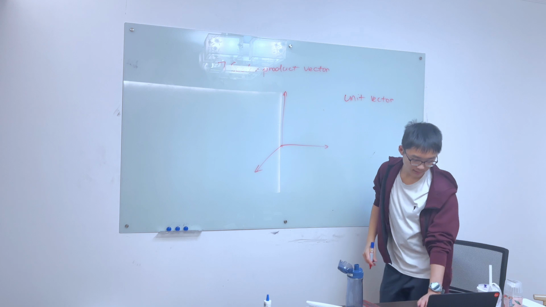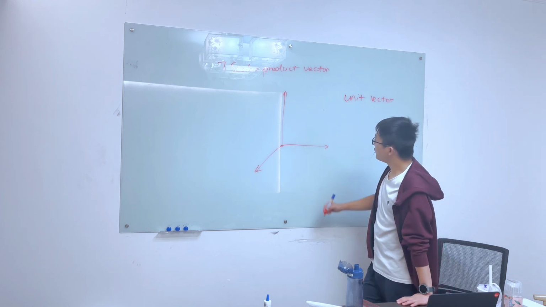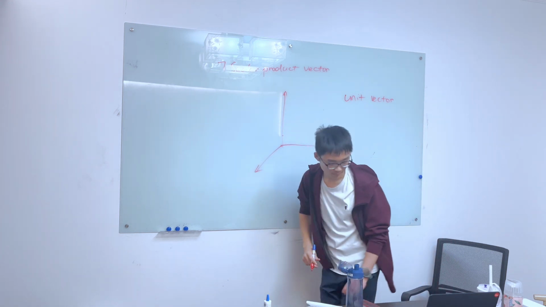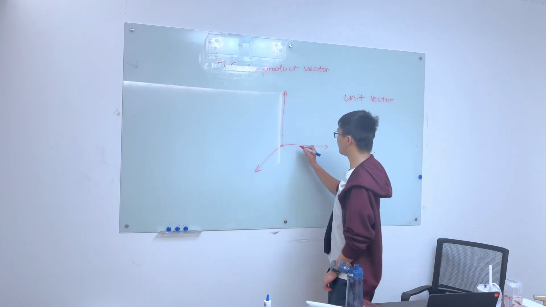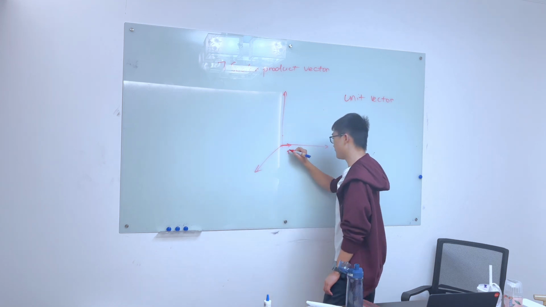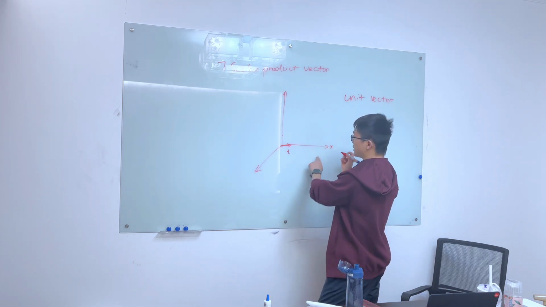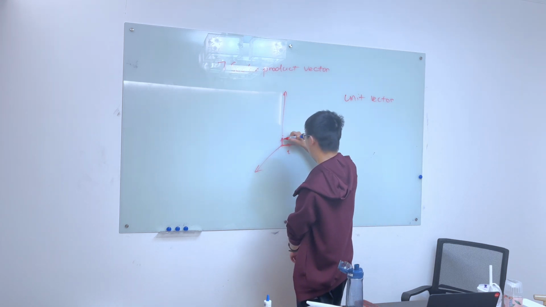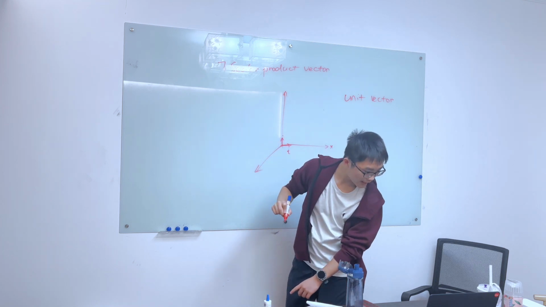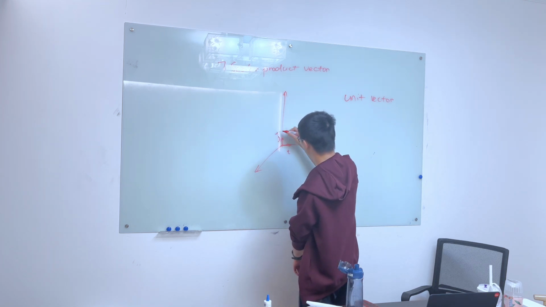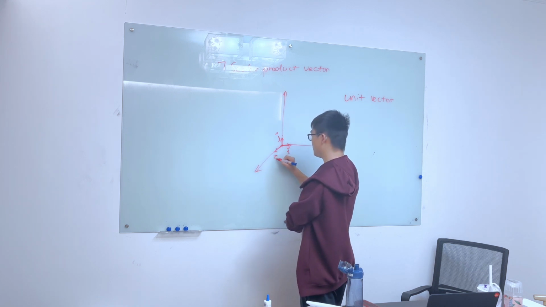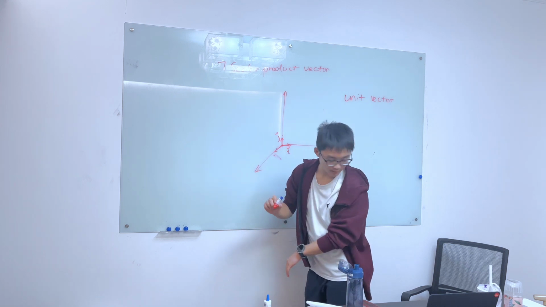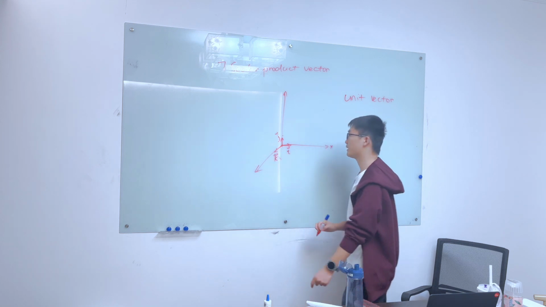There is a unit vector i in the x direction, and then there is a unit vector j in the y direction, and then there is a unit vector k in the z direction.